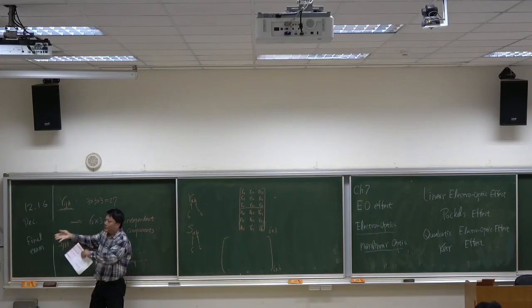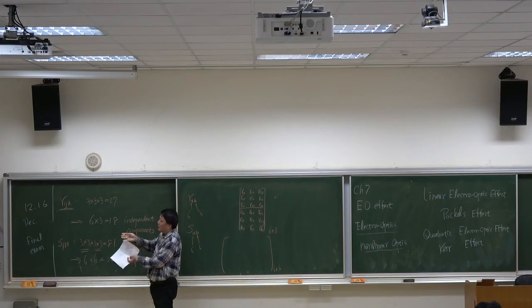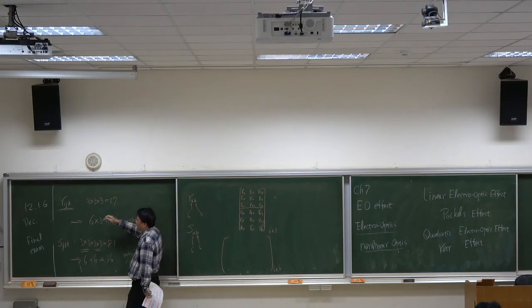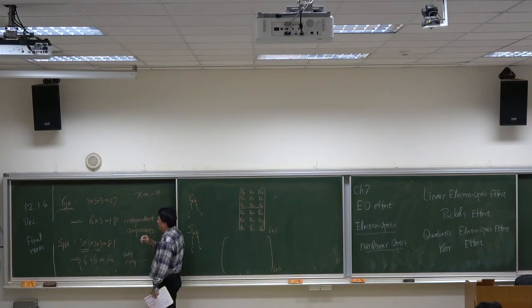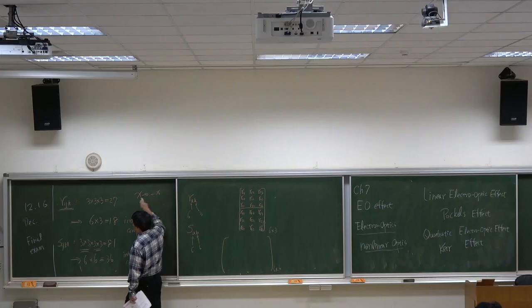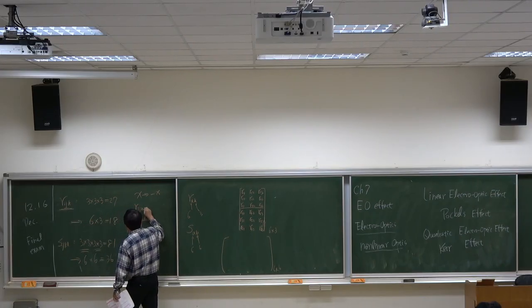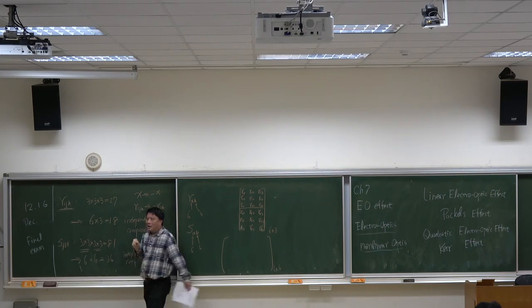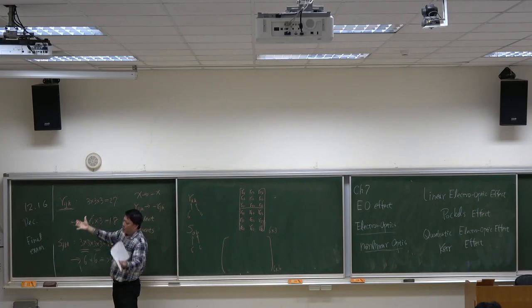So if some coefficient reflects the way we denote the axis, then if we change x-axis to minus x, then this Rijk becomes minus Rijk. However, you see the same structure.